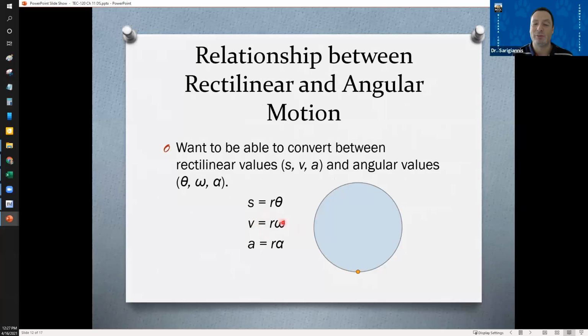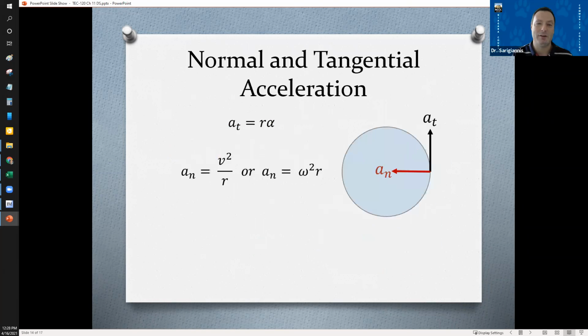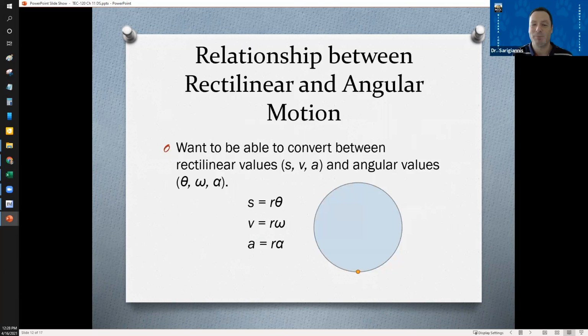Similarly, I have some diagrams in the next 2 pages for v equals r omega and a equals r alpha. Velocity is equal to r times angular velocity, and acceleration is r times angular acceleration. Let me just talk about the velocity real quick.